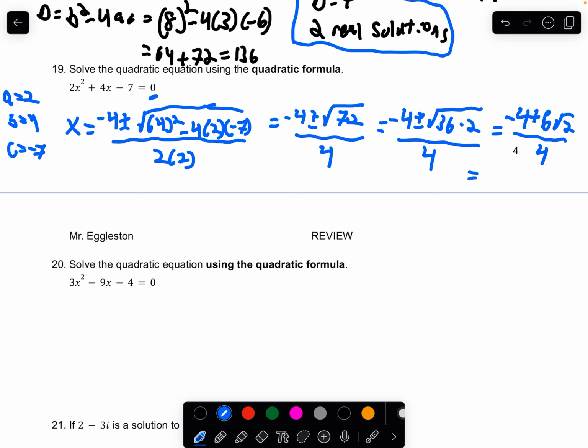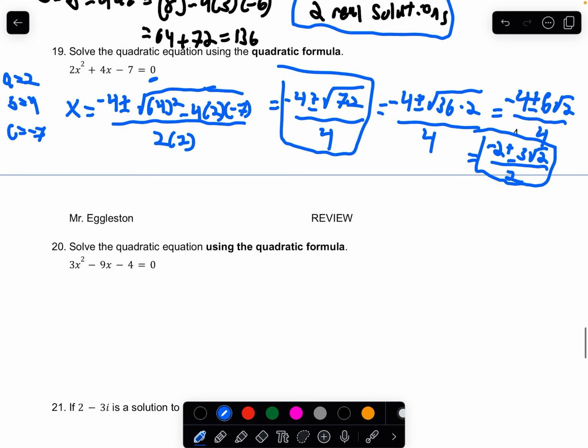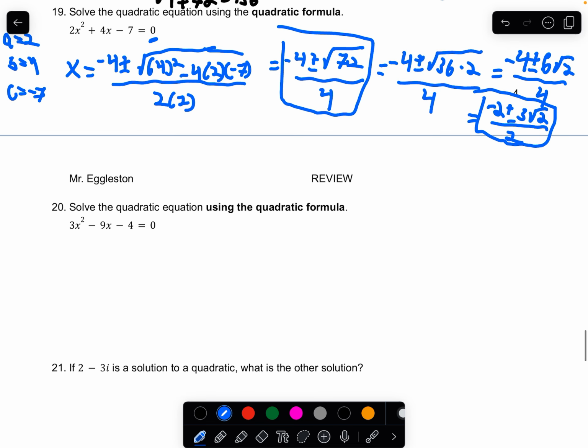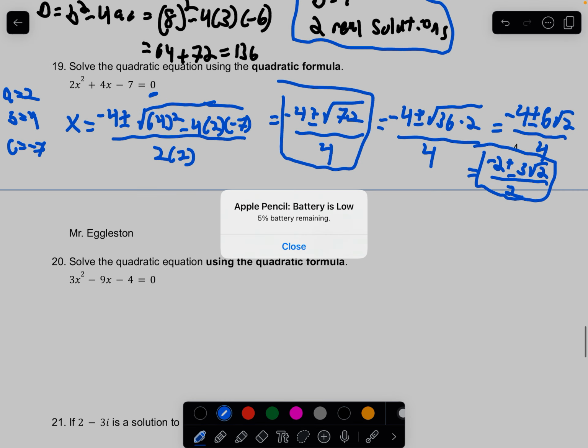And then if you factor out 2, again, if this is blowing you out of the water, don't stress too much because I'm not going to hold you to it. We get that. So I would accept this. And if you can get to here, you'll get extra credit. Probably a point. If you understood how to simplify the radical, then I suggest go for it. If you did not, then don't stress about it.